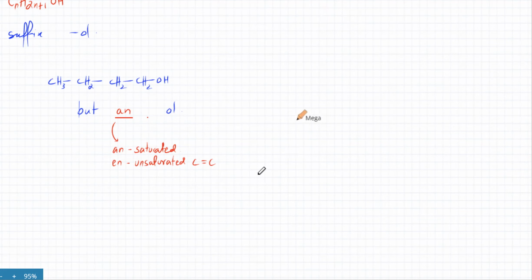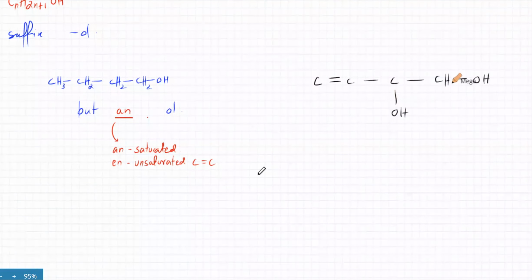So, a slightly more complicated one. Let's go with the same length. I've got a double bond here, and I've got an OH on this side, and let's have multiple OH groups. Let's have another OH group. Let's make things slightly more complicated. This one will have 1H, this one will have 1H, and this one will have 2 hydrogens, right?